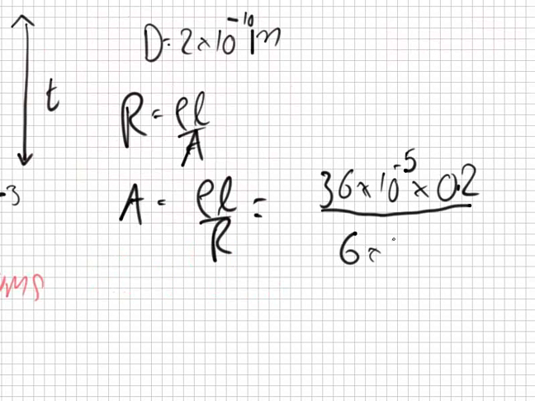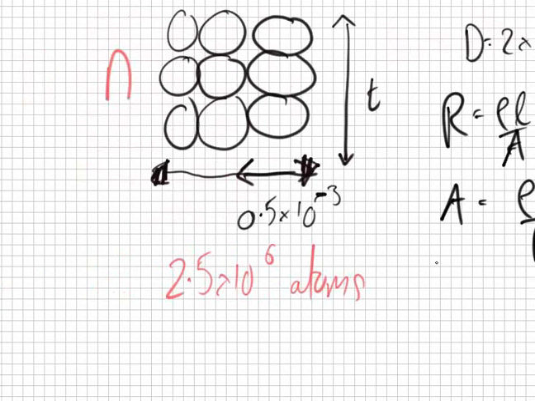Okay. So what did you get here in total? 1.2 times 10 to the minus 11. Okay. That's the total area. Now, who can tell me how many circles we have? How many circles do we have? That number times this number.